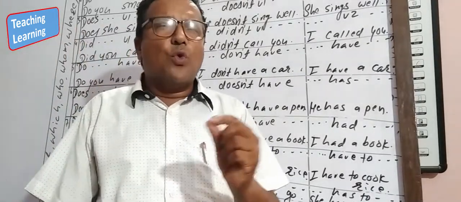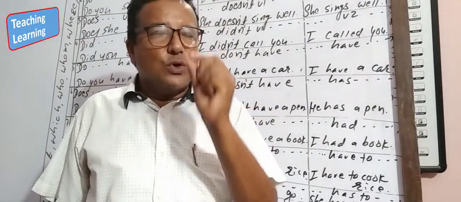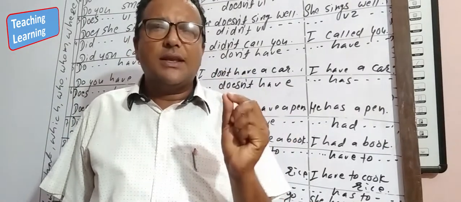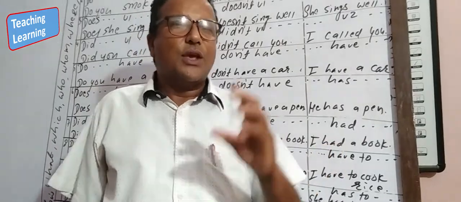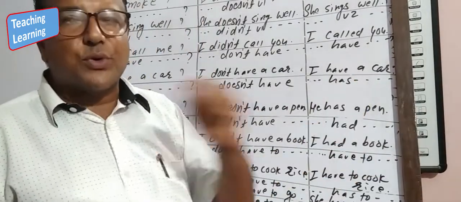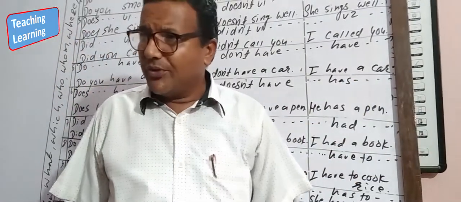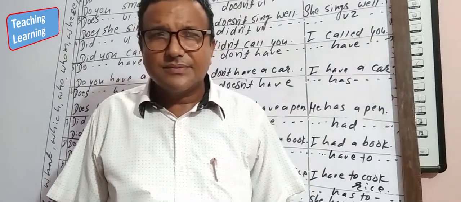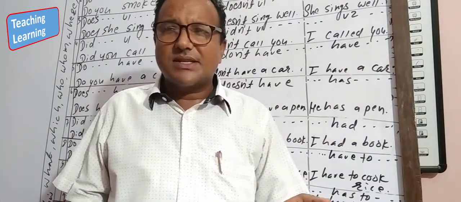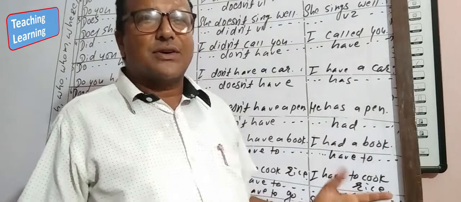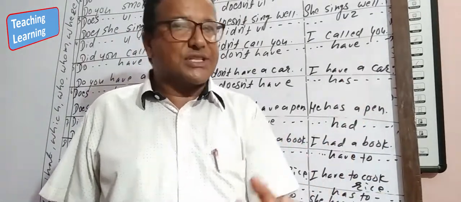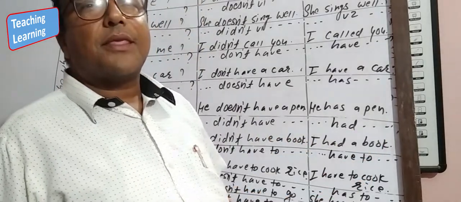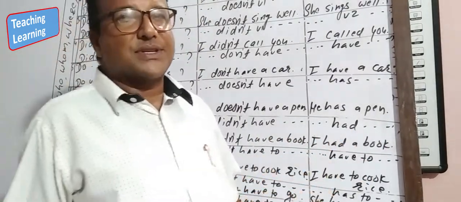If you want to know only yes or no, then you have to follow the yes/no question rules. Are you American? That means the question is only yes or no. In that situation, we can use a yes/no question.